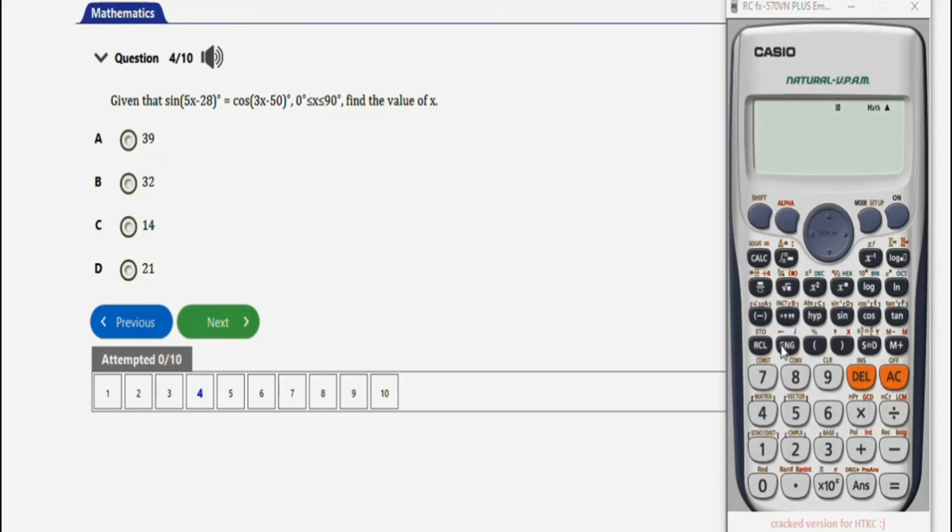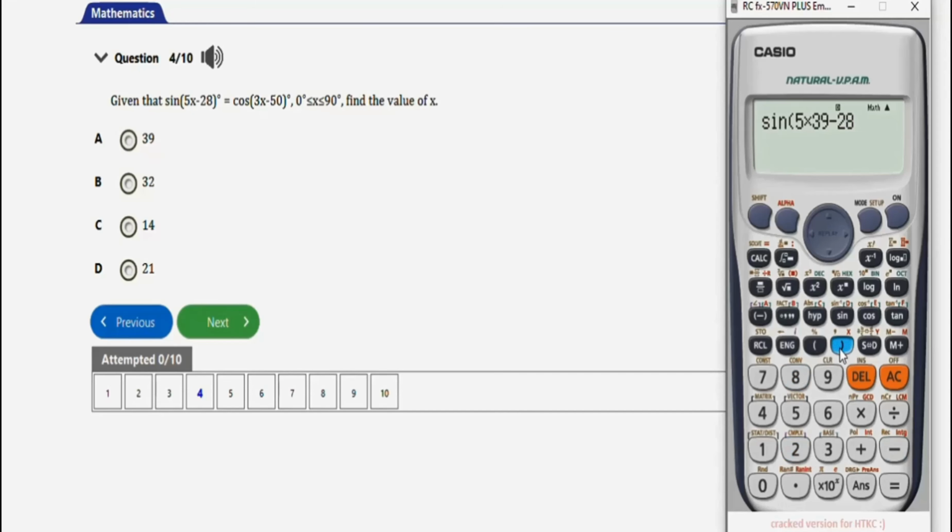Okay, so we're going to have sine in bracket 5x, that's 5 times 39, when our x is 39, then we have minus 28.